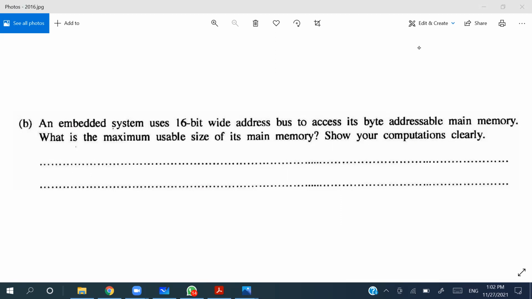So it's again a simple one. They are asking the maximum usable size of the main memory. So it's going to be 2 to the power 16 bytes. Since they are not asking for the capacity in kilobytes or megabytes, you can keep your answer like this, or else you can convert it: 2 to the power 6 kilobytes, which means 64 KB.